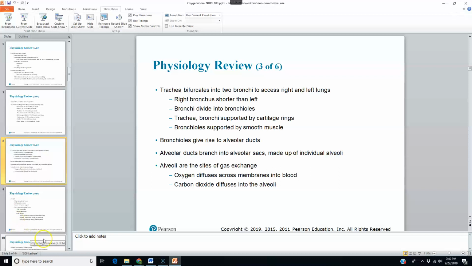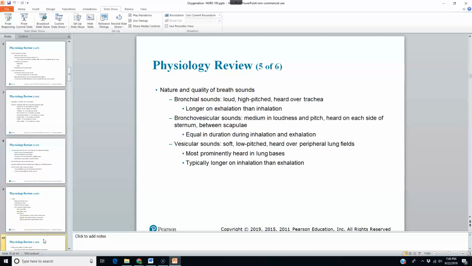So let's continue with our anatomy and physiology review. Remember, surfactant controls surface tension, and in turn keeps those alveoli from collapsing and sticking to themselves. All right, so that's what surfactant does.